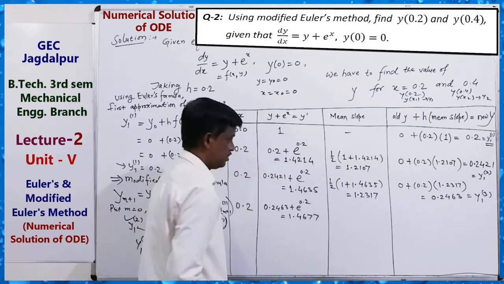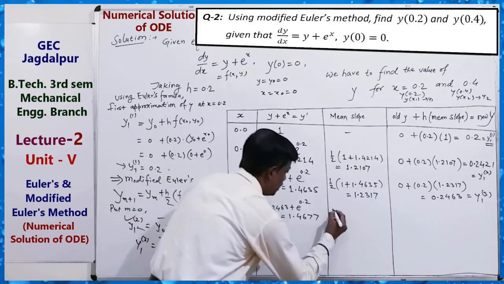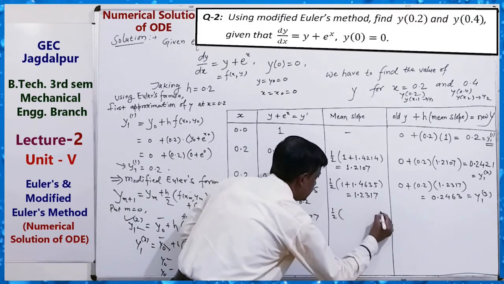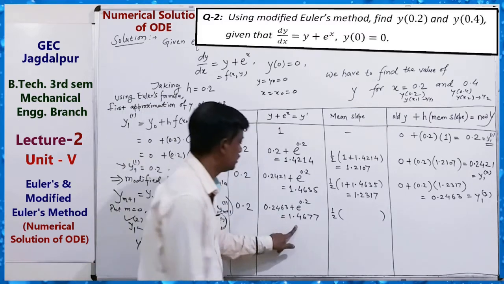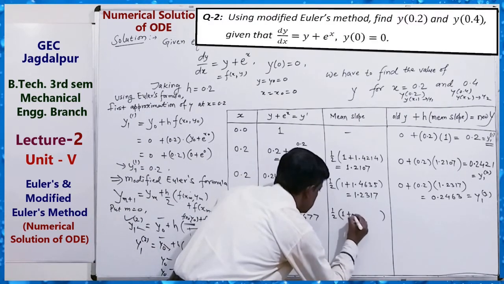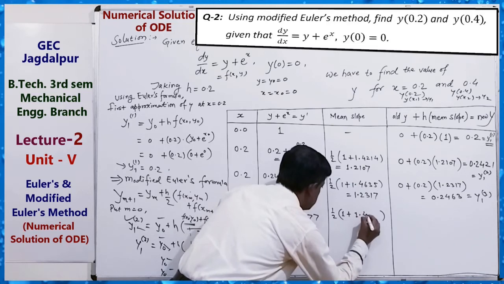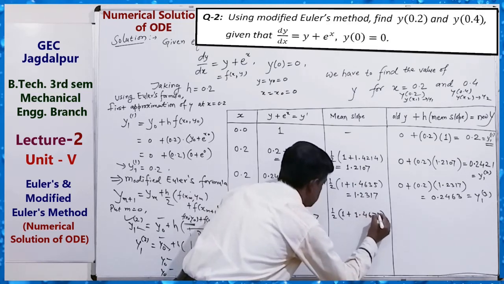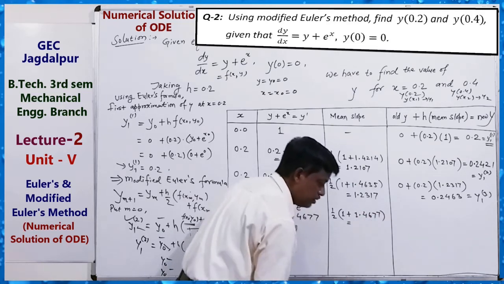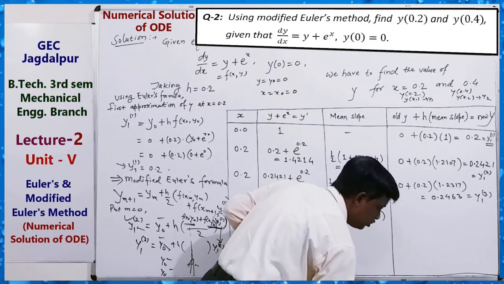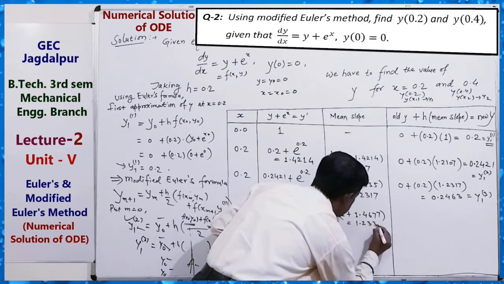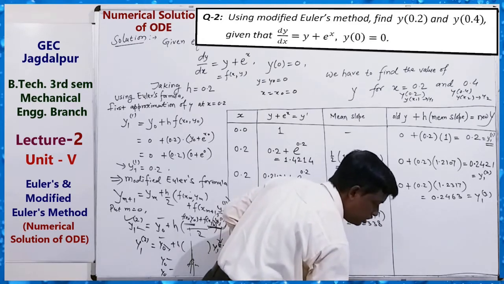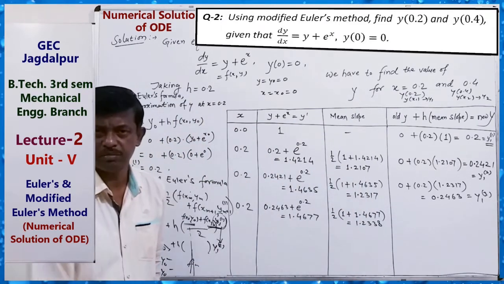And now just average here also. What will be 1 plus this, so 1 plus 1.4677 is equal to, can be solved, 1.2338. Just you have to calculate it by using a calculator.